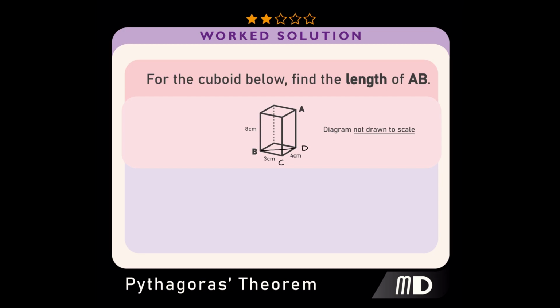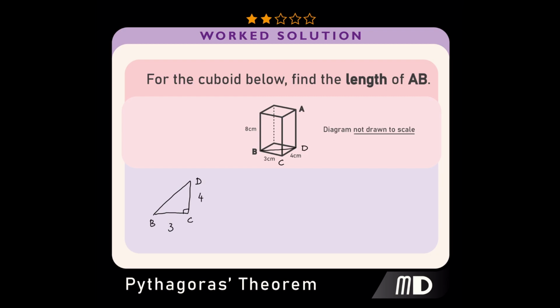BD is the hypotenuse of a right angle triangle BCD. So I'm going to go ahead and draw that. So B, C, and D. BC is given to us as 3 centimeters and CD is given to us as 4 centimeters.